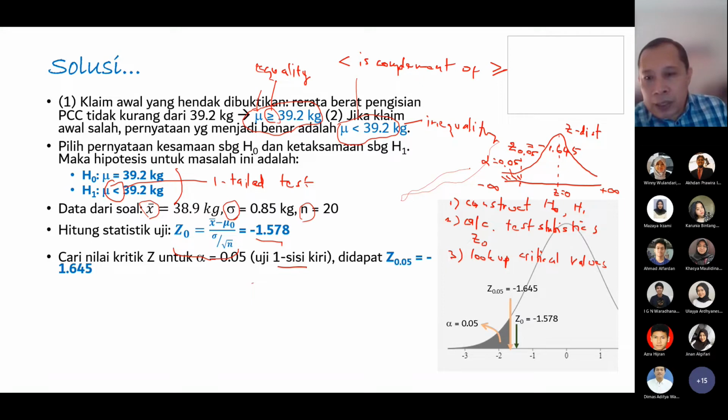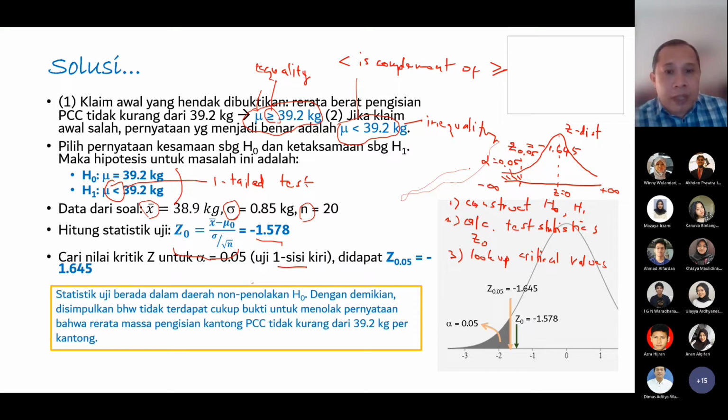So it is located just on the right-hand side of the critical z. That means that the test statistic is located in the non-rejection region. So in other words, we can conclude that there is not enough evidence to refute the statement that the average filling weight of this PCC product is less than 39.2 kg per bag.